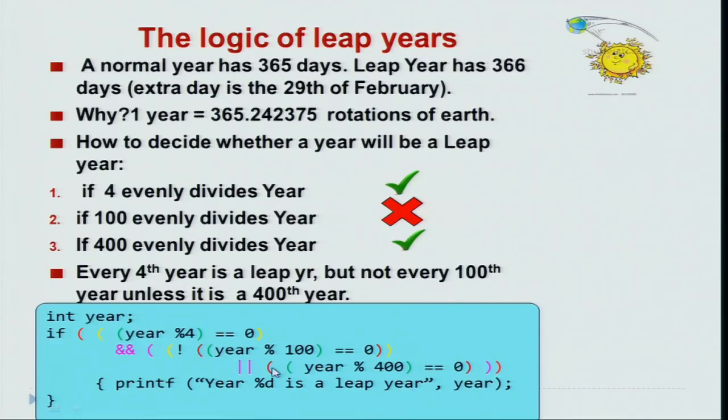This or 0 or 1 is true, therefore, the whole expression becomes 1 and 1. So, it is true. This slightly complicated logical expression encodes the logic for saying that the given year is a leap year. So, try this out yourself. This is a slightly tricky expression, and convince yourself that this exactly encodes the logic of a leap year.